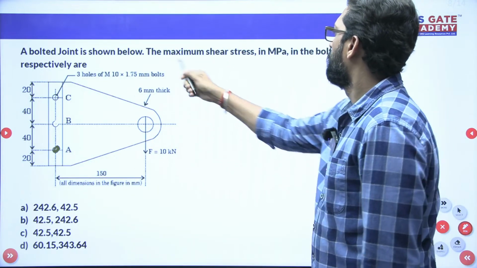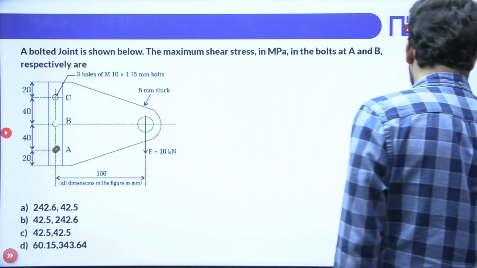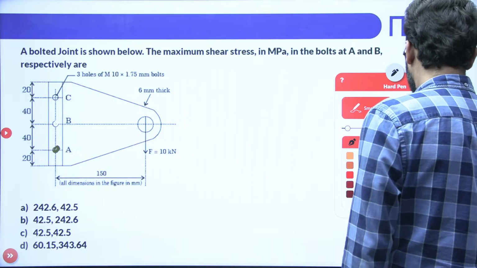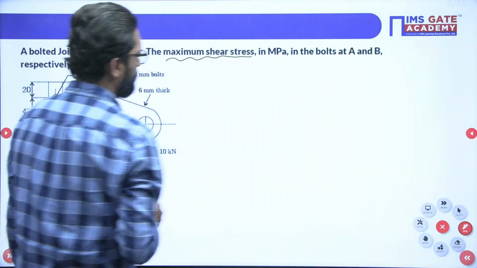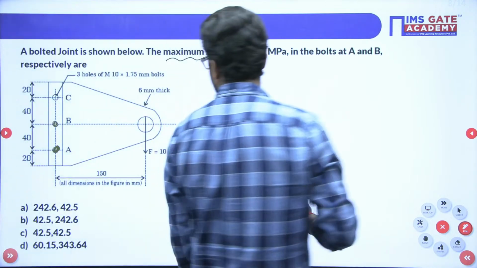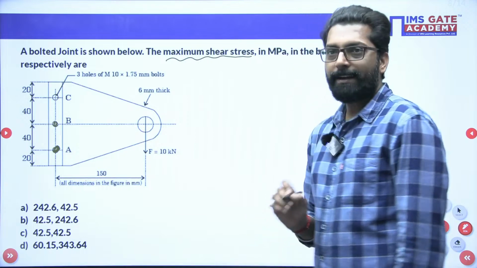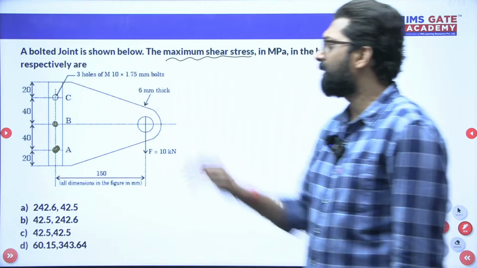Maximum shear stress in the bolt A and B, you have to find. Now we have to take this question carefully, because there is another data given.